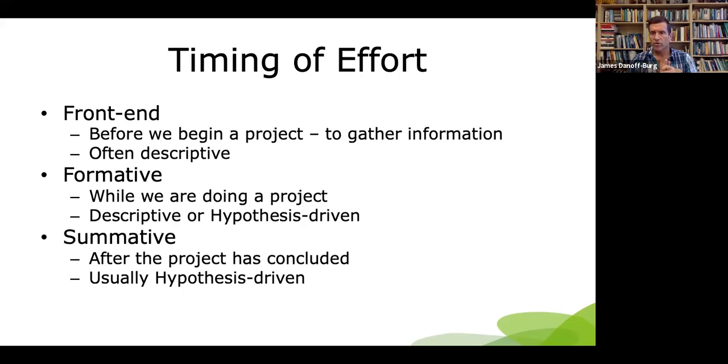Second, formative. Once we begin a project, we've started working with those ranchers, and we've learned from the front-end evaluation that they're not crazy about having dogs, but they would be okay with having dogs live with their goats to help protect those goats from predators.